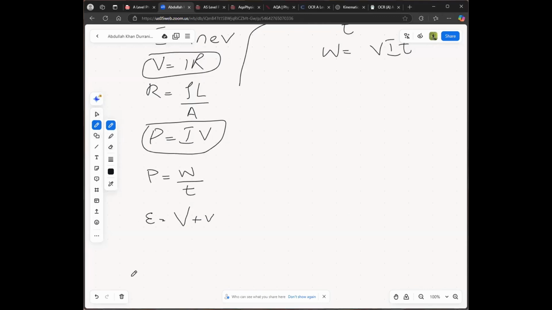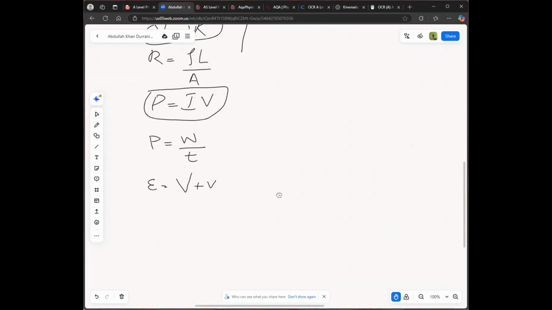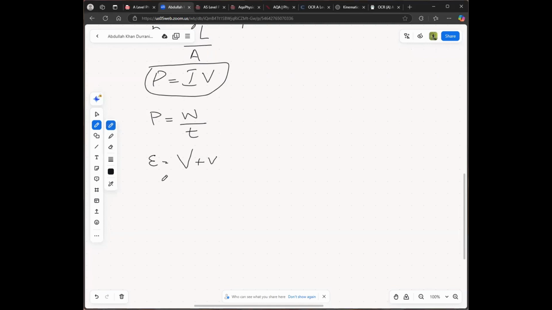Not 100% sure if we're going to need this one. We can always deduce this one from others as well, but still, for the sake of completeness, I'm just going to write V1 over R1 equals, sorry, I've written it incorrectly. The ratio between the potential differences remains equal to the ratio between the resistances.